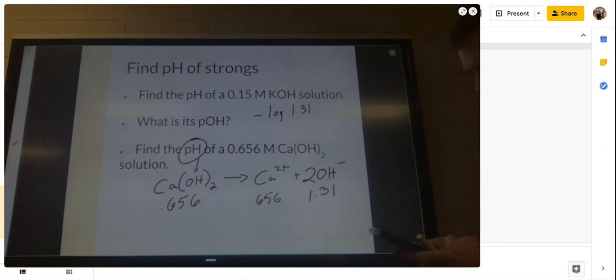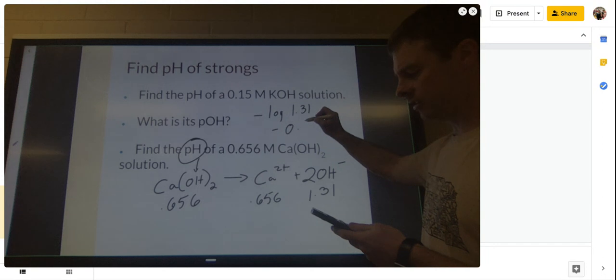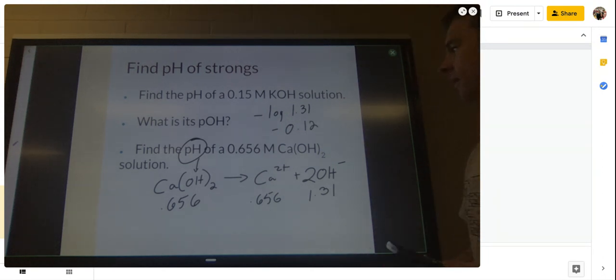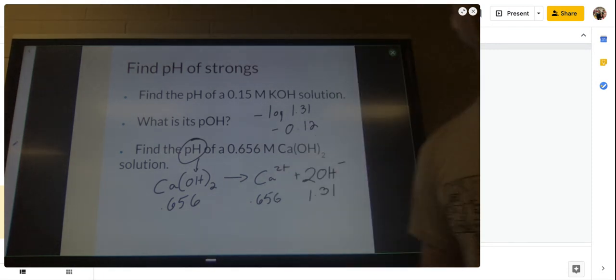Okay, so the negative log of 1.31 is a negative 0.12. That's the pOH. Is it legal to have a negative pOH? Yes. Is it legal to have a negative pH? Yes. So that's the first step.